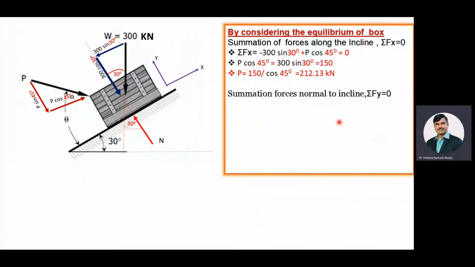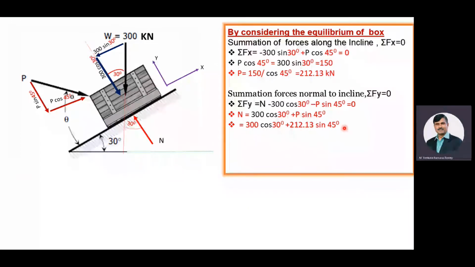Then sigma Fy is equal to N minus 300 cos 30 degrees minus P sin 45 degrees is equal to 0. After that, we'll substitute the P value in this equation. P is equal to 212.13 kilonewton. Then N is equal to 300 cos 30 degrees plus P sin 45 degrees, which is equal to 300 cos 30 degrees plus 212.13 sin 45 degrees.